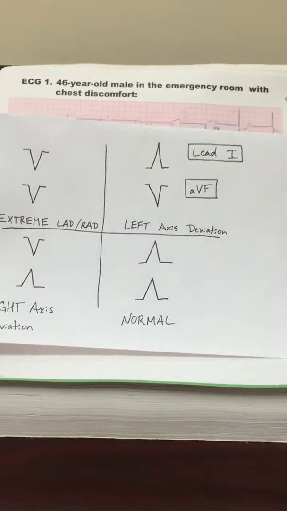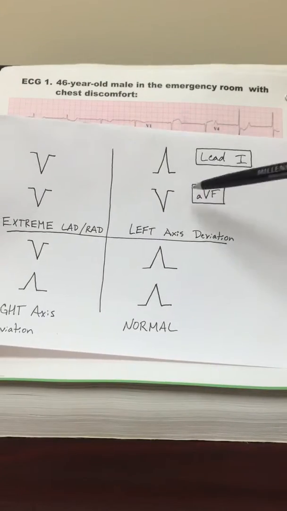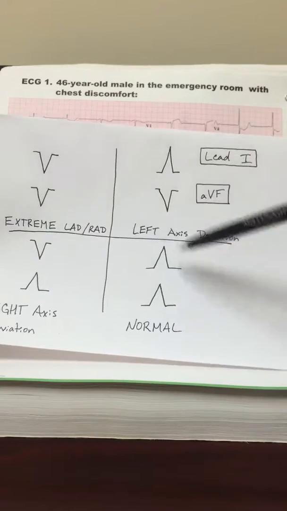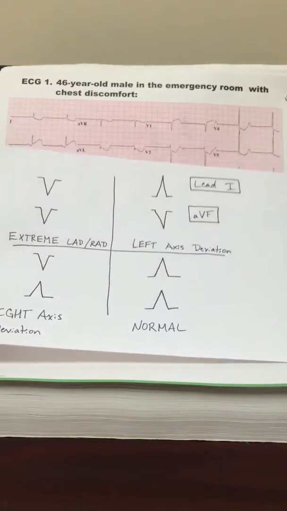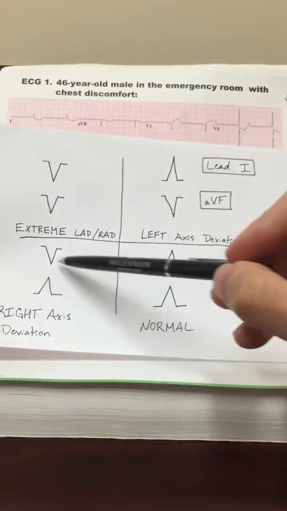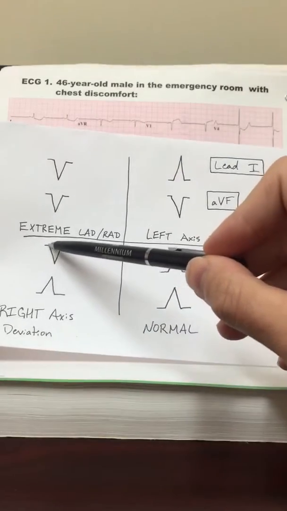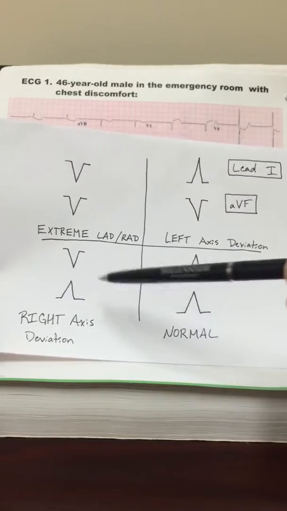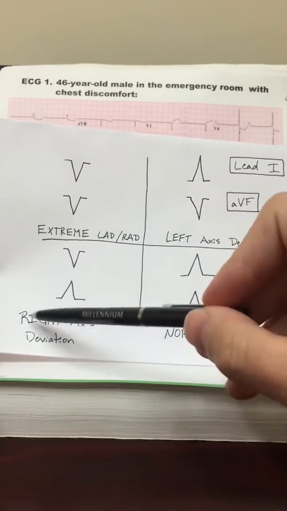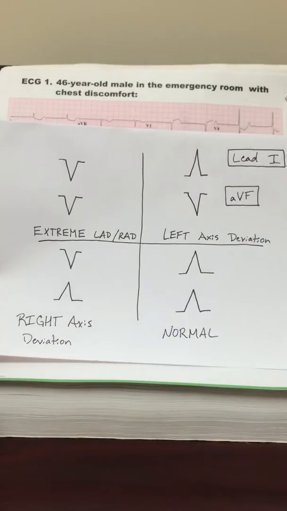If, however, you had positive in lead 1 and negative in AVF, that would be a left axis deviation. And if you had the opposite of that, so a negative QRS in lead 1 but a positive QRS in AVF, that would be a right axis deviation.